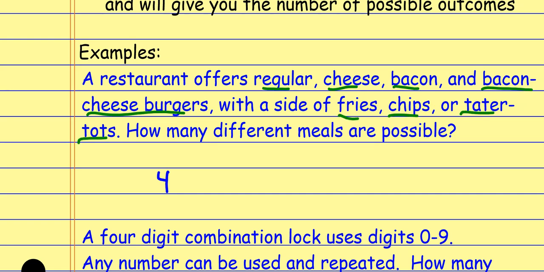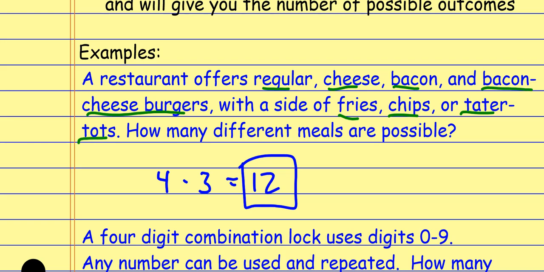So the total number of possibilities would be 12. Again, we could make a diagram and say, I could have the regular with the fries, or the regular with the chips, or the regular with the tater tots, or the cheese with the fries, and so on, and I could count out all 12 of those possibilities. But the shortcut, the fundamental counting principle, just says there's 4 for this option and 3 for the next option, so there's 12 different possibilities that I could make.